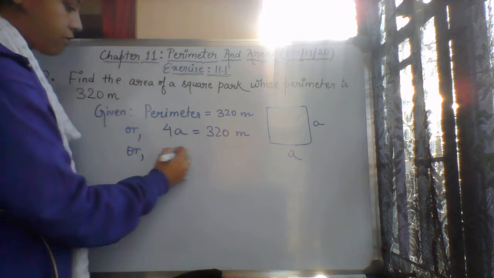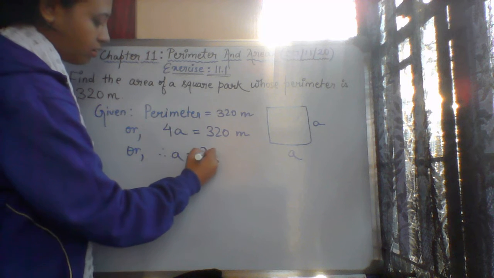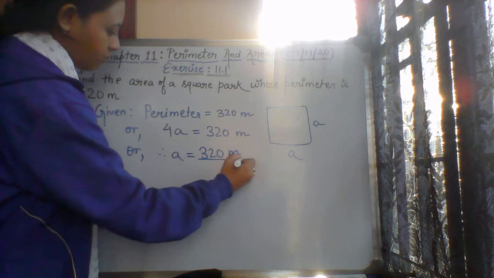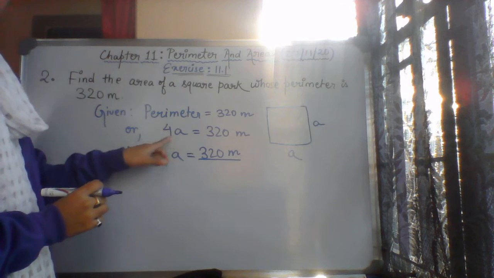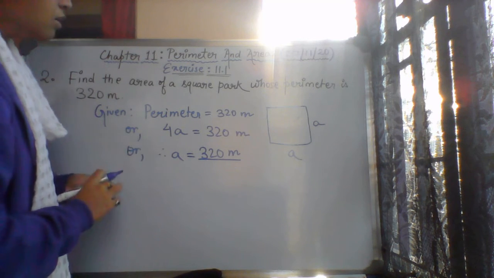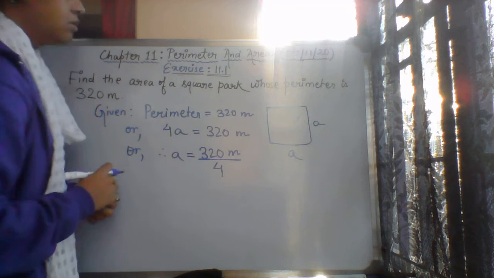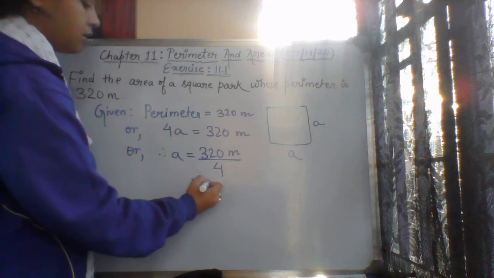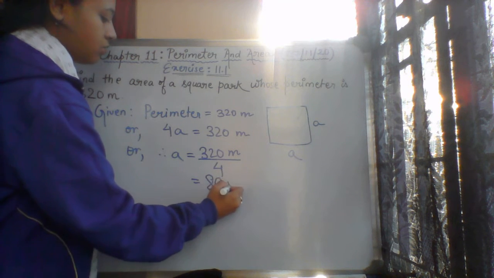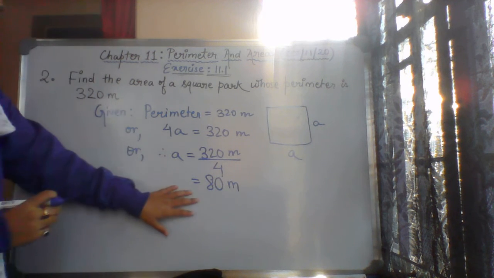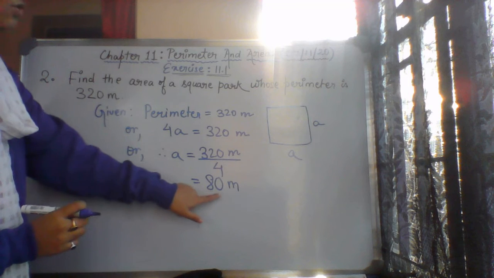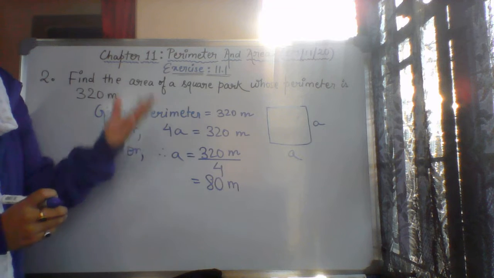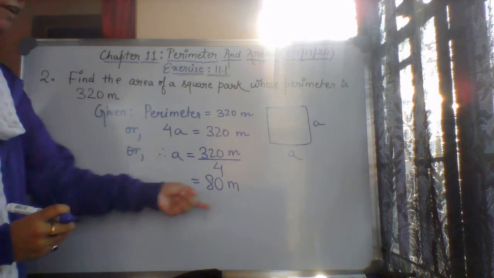So A will be equal to 320 meter divided by 4, since 4 into A is multiplication, so 4 goes to the denominator. 4 into 8 is 32, and then 0. So our side of the square park is 80 meter, and all the sides are equal in a square, so we have indirectly got all the sides.